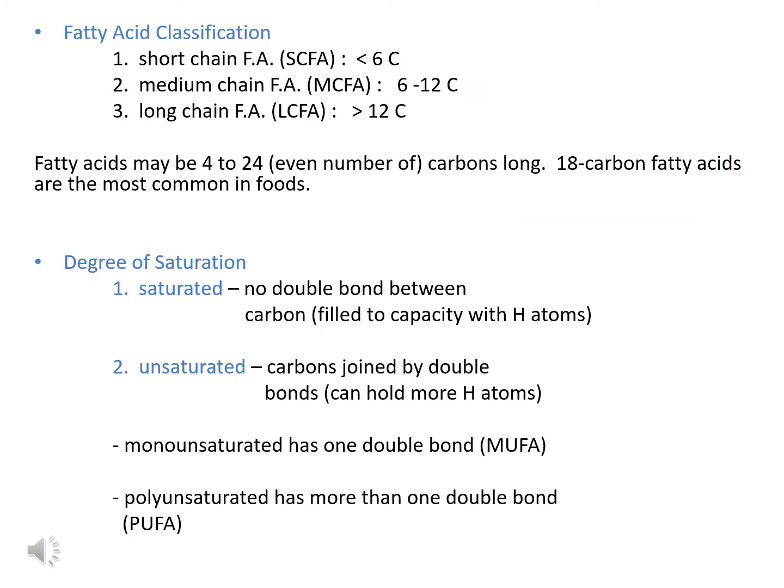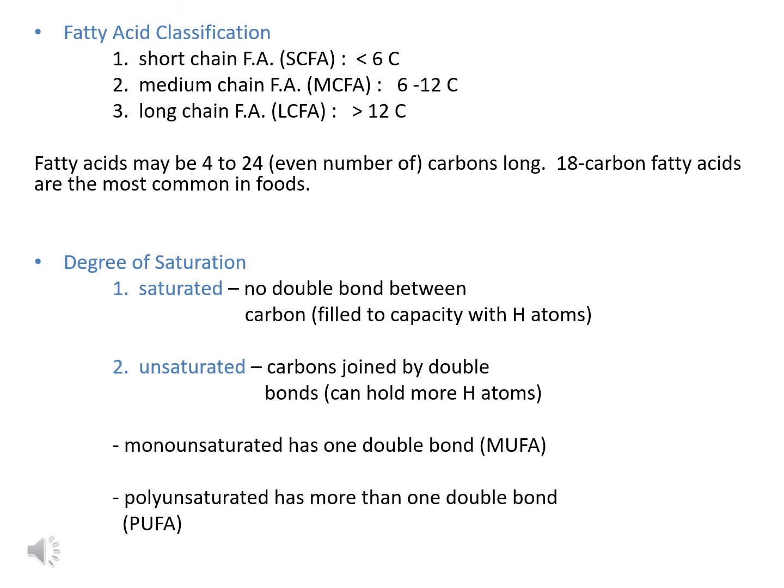All fatty acids have the same basic structure, carbon and hydrogen atoms, plus an acid group and a methyl group. They may differ, however, in the length of the carbon chains. Fatty acids with less than 6 carbons are referred to as short-chain fatty acids.